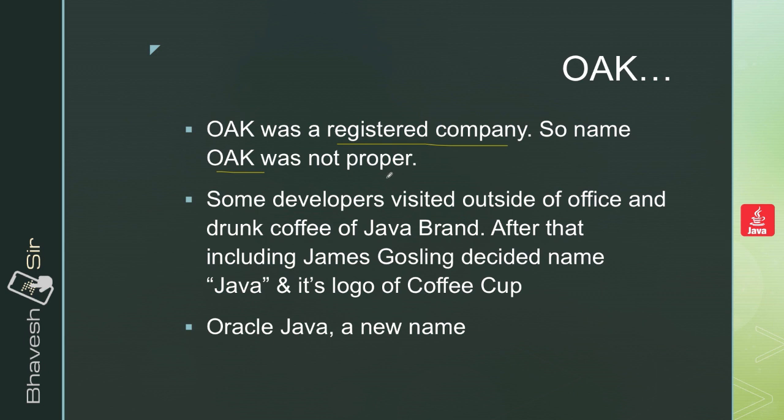To solve that problem, they decided on a new name, Java. But how did they decide the name Java? At some point, some developers went outside of the office and drank a coffee. The coffee was of the Java brand, and as we know, Java and Sumatra are islands, from where that coffee was first introduced.